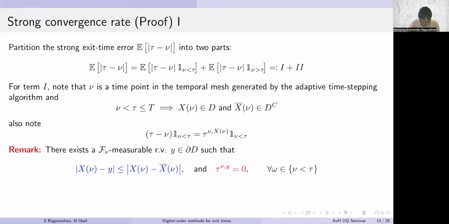Now we consider a point y on the boundary of the domain such that the absolute magnitude can be bounded in such a form between the numerical process and the actual process itself.